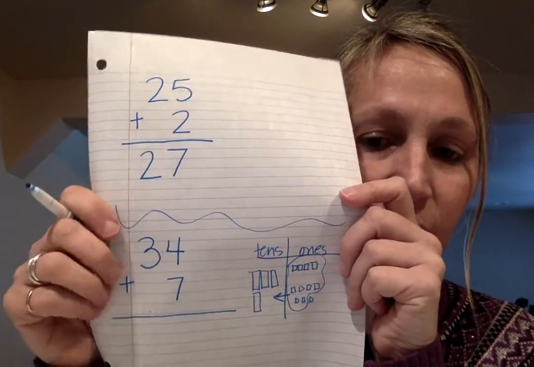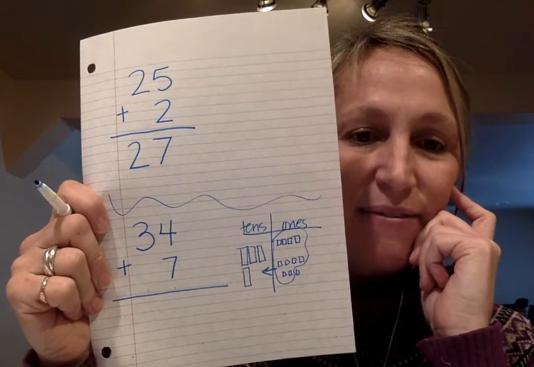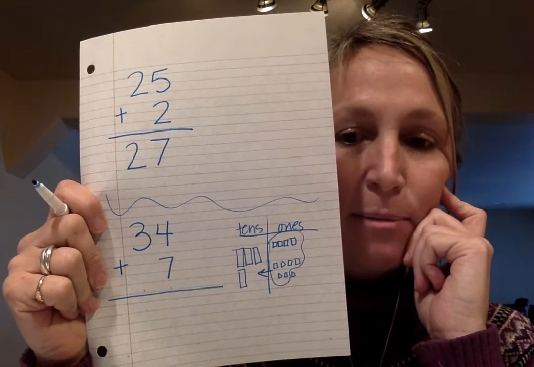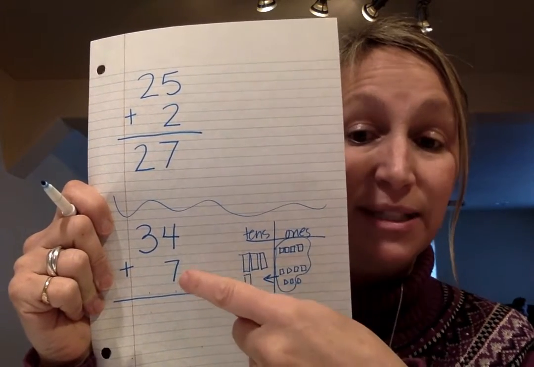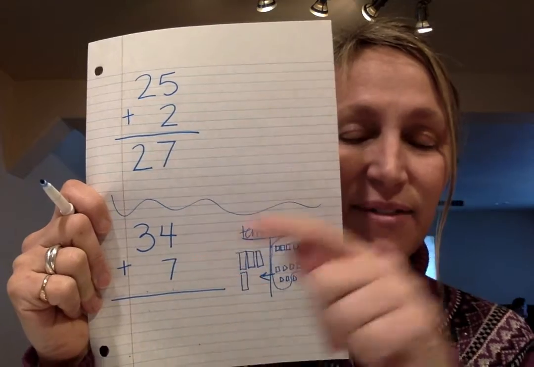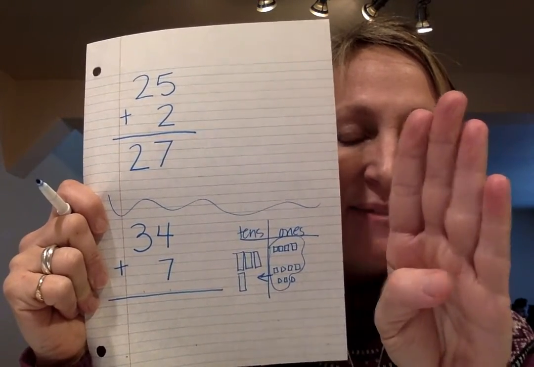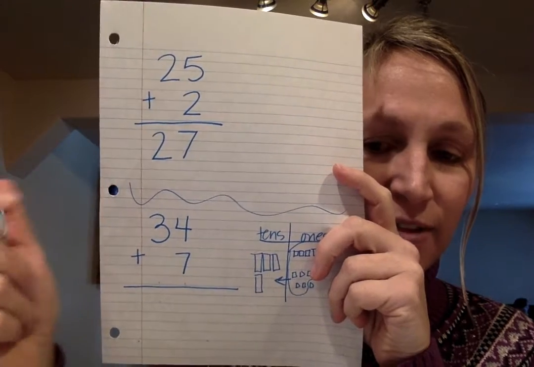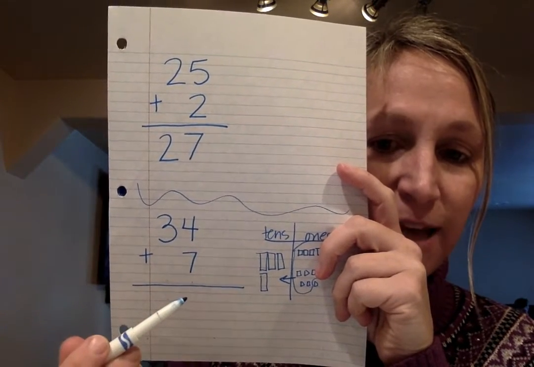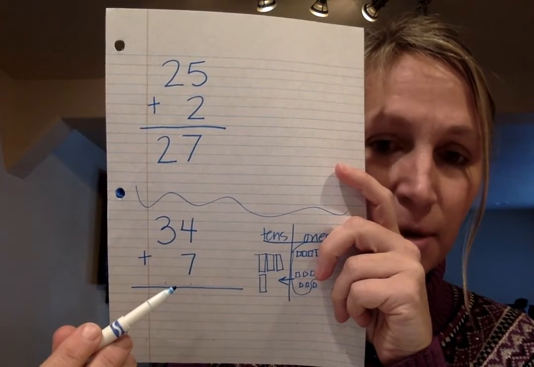34 plus 7. 4 plus 7. I'll take the bigger number and add on. So I'm going to put 7 in my mind. 7, 8, 9, 10, 11. So we know 11 is too many to fit because you can only fit the number 9 there.